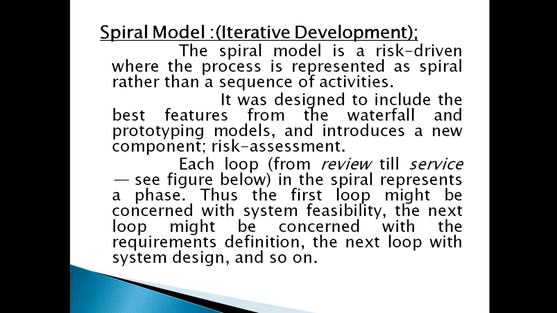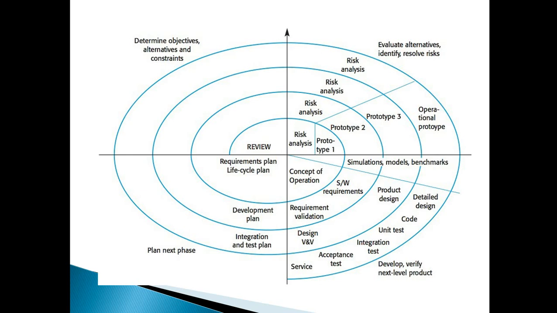We continue the words. Each loop in the spiral represents a phase, thus the first loop might be concerned with system feasibility, the next loop with requirement definitions, the next loop with the system design, and so on. You can see the diagram, it is clearly described.